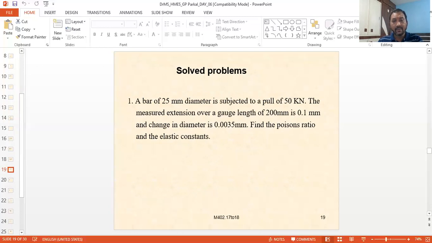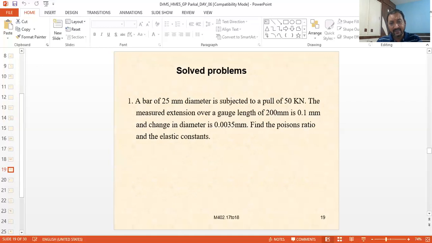A bar of 25 millimeter diameter is subjected to a pull of 50 kilonewtons.